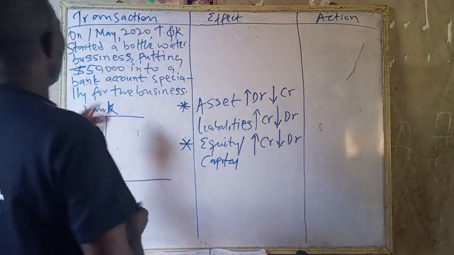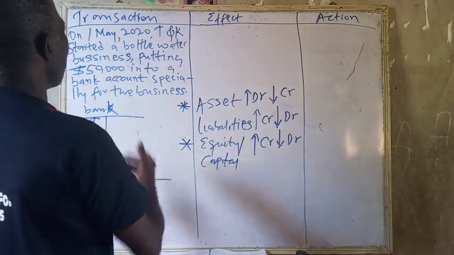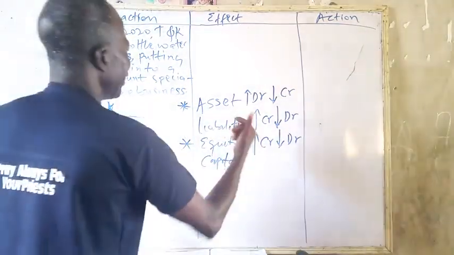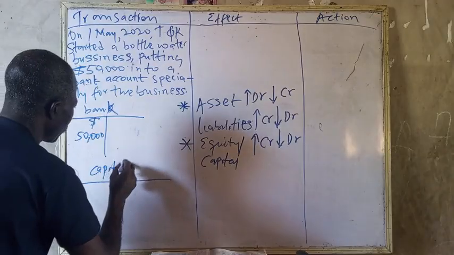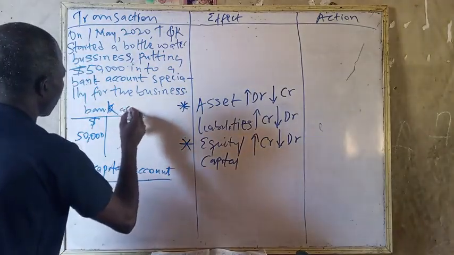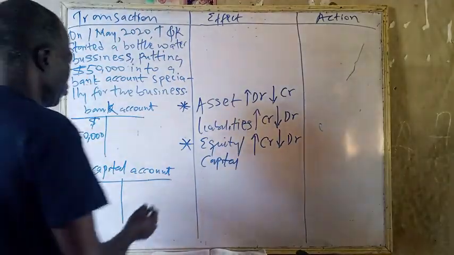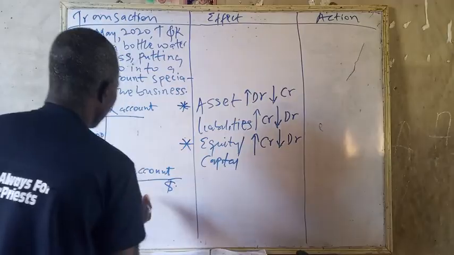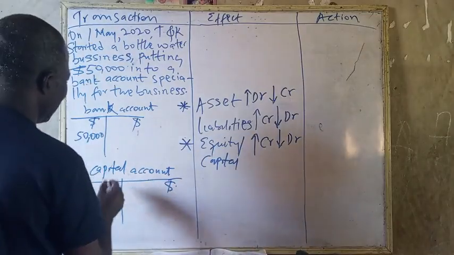Then, into a bank account, especially for the business, is the capital that the owner introduced. When the capital increases, let's assume that this is the capital account. This is a capital account, right? And let me put the dollar sign here. The dollar sign covers both debit and credit.